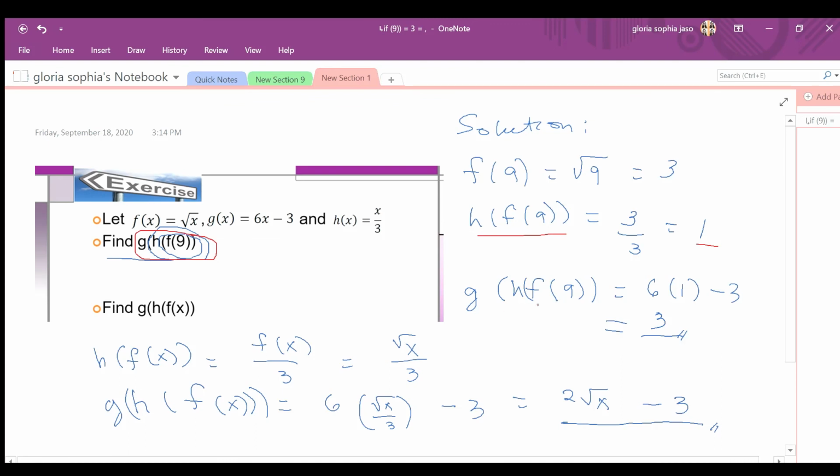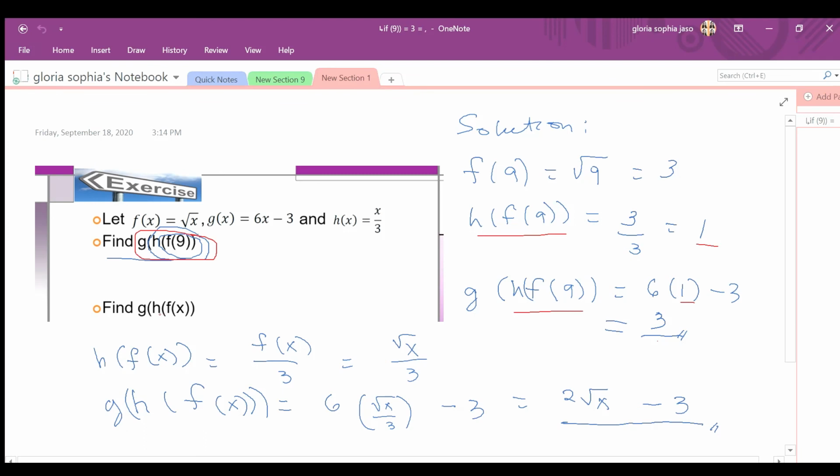So, kunin natin yung pattern ni g. So, si g ay 6x minus 3. So, 6, tapos itong h of f of 9 natin is 1. Substitute lang natin dito. Okay? So, yan na. Then, simplify. 6 times 1 minus 3. That is equal to 3.